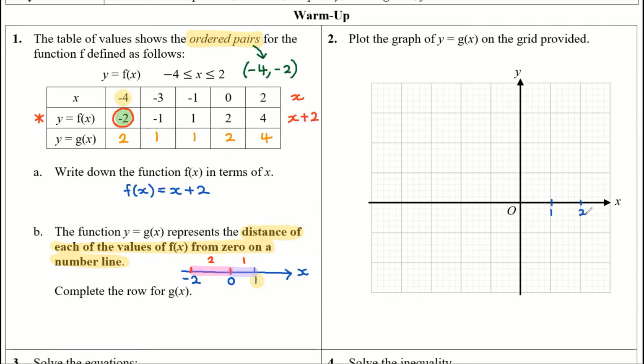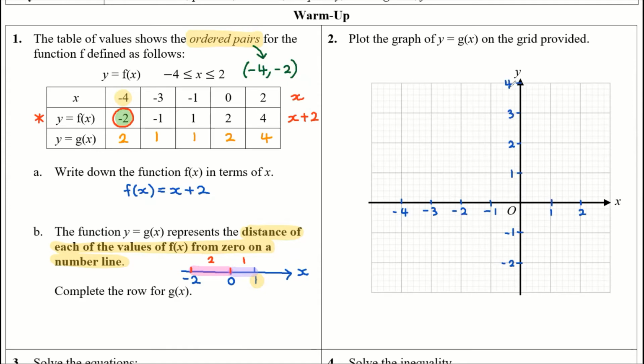So one big square is 1 unit, -1, -2, -3, and -4. Okay, and then obviously the g values are going from a minimum of 1 up to a maximum of 4. So let's just put those in. So it's -1, -2. I'll just put those in anyway. 1, 2, 3, and 4.